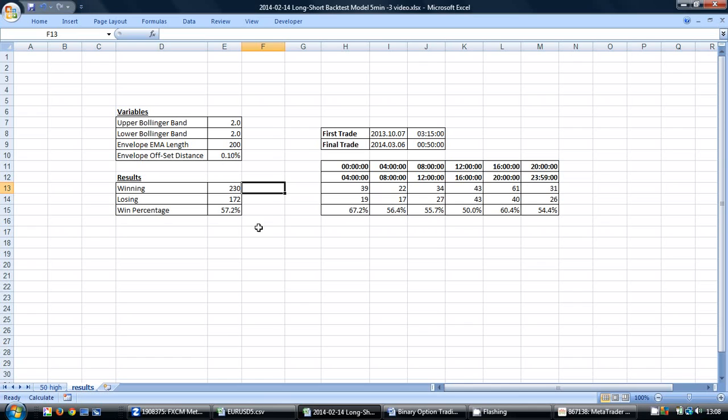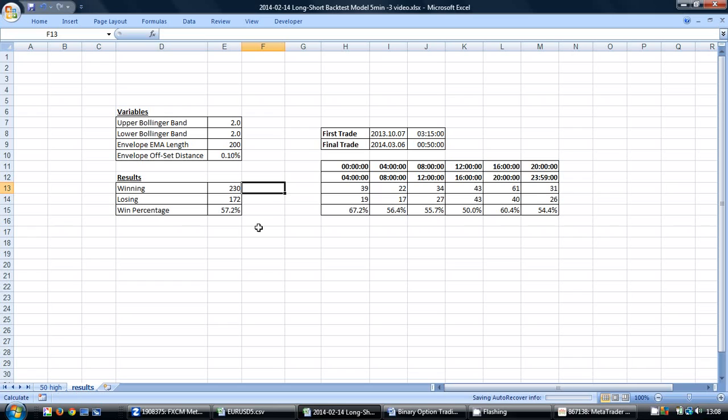If we were trading this as a binary option trading strategy, returning 80% if we were correct, then we would need to have a trading strategy that is more profitable than 55.56%. As you can see here, we've got a win percentage that is slightly higher than that, which quite frankly isn't bad for our first attempt.